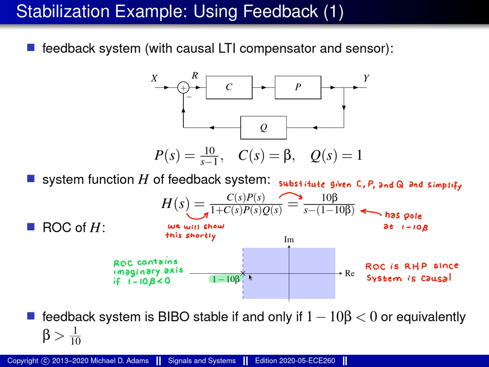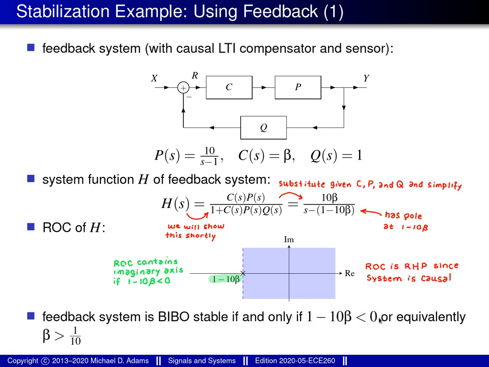Observe now that if this pole is strictly to the left of the imaginary axis, then this shaded region will include the imaginary axis and the system will be BIBO stable. So therefore we have the condition that if 1 minus 10 beta is less than 0, in other words this condition here is satisfied, the system will be BIBO stable.